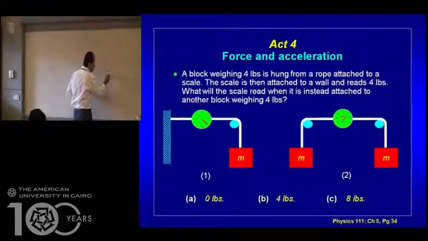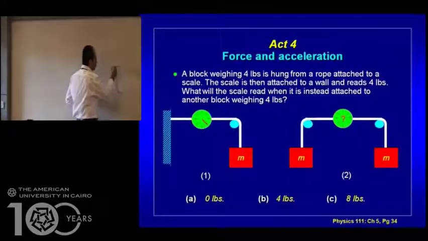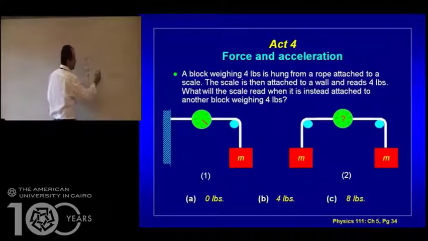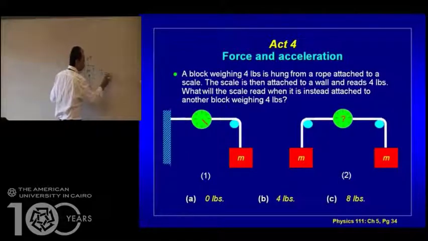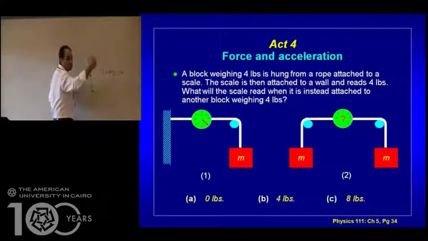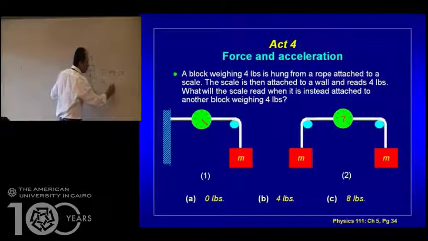Then you have a force mg pointing down. You have a tension T pointing up. Then tension minus mg equals 0. Since there is no motion, that means the tension will equal mg.